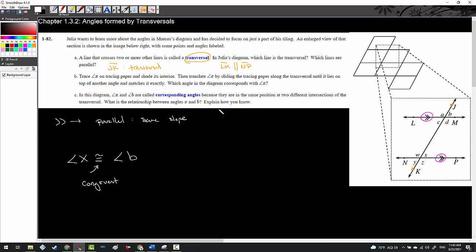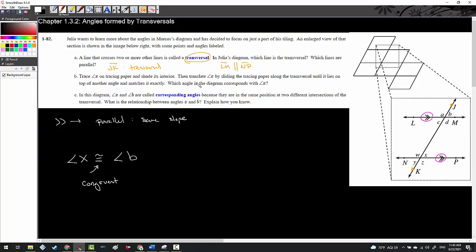An analogy that might make this easier is if you look at any kind of sports team, football for example, every team has a quarterback, which means each quarterback is in its own corresponding position, right? One quarterback for one team, one quarterback for another team, they are in corresponding positions because they're both quarterbacks but in different places.